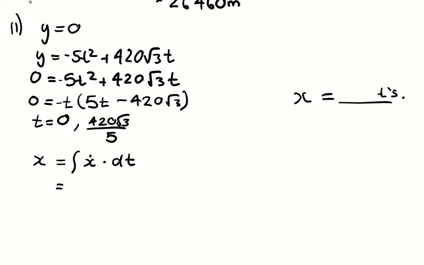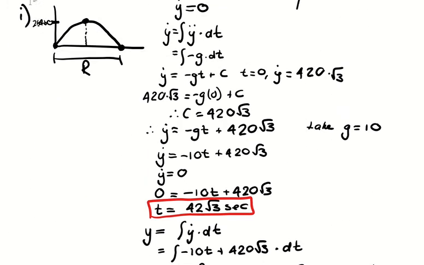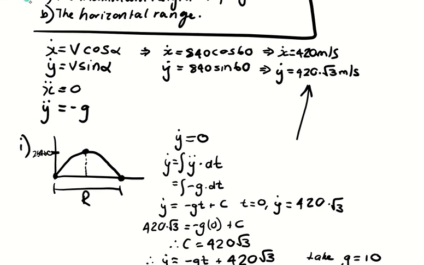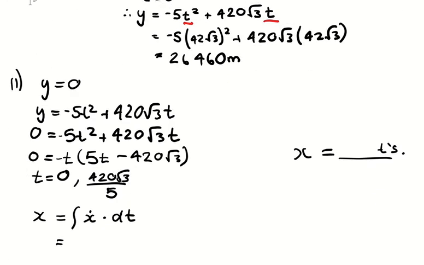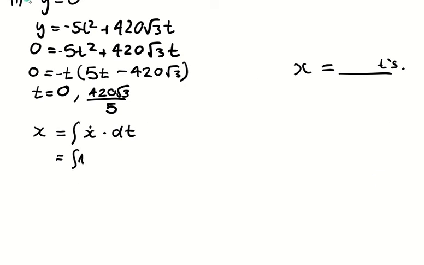I know that x dot, I already worked that out, here is 420. So I can make that substitution straight away. I'm finding the integral of 420 with respect to time, which is just going to be 420t plus c.